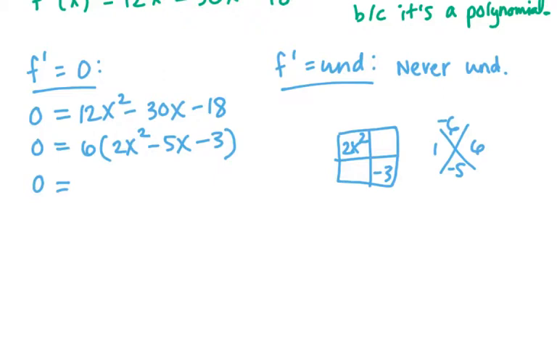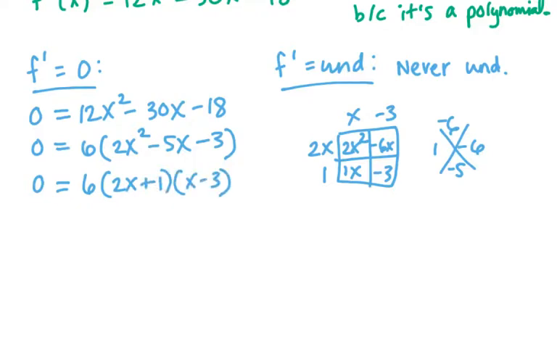So 6 has to be bigger. Okay. So a 2x here, an x here, 1 minus 3. Alright, so we've got 6 times 2x plus 1 times x minus 3.